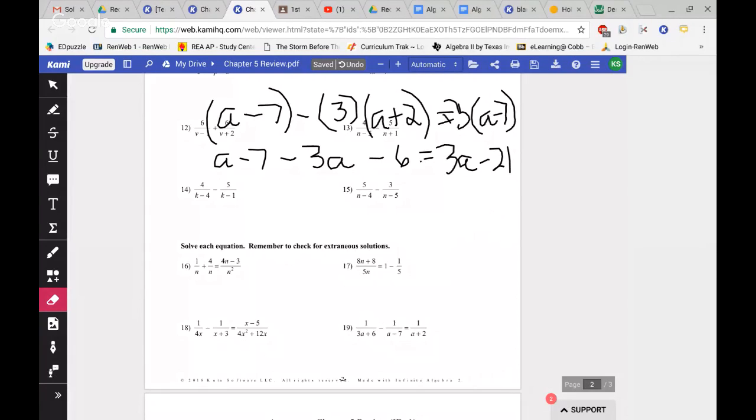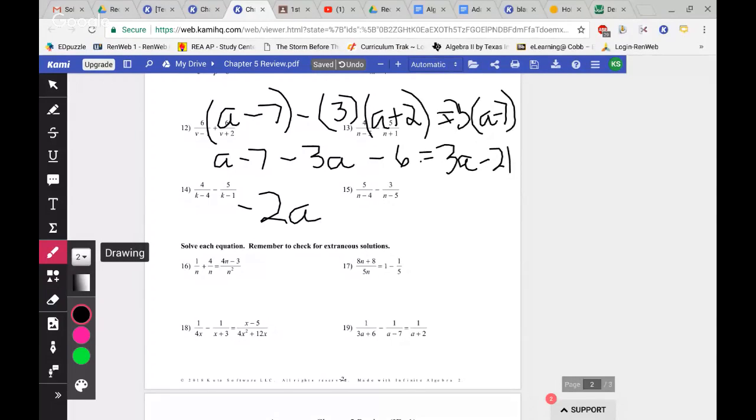Good question. Now you're going to combine like terms. A minus 3a is going to give you a negative 2a. And then negative 7 minus 6 is minus 13, equals 3a minus 21. Then I'll subtract 3a from the right side to combine it with the left side, which gives me a negative 5a.